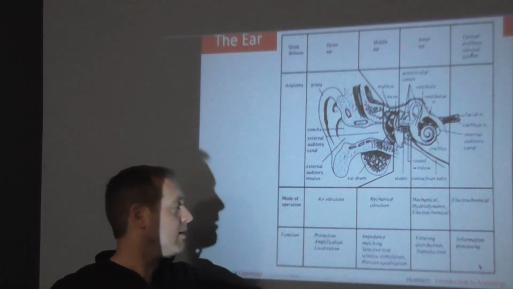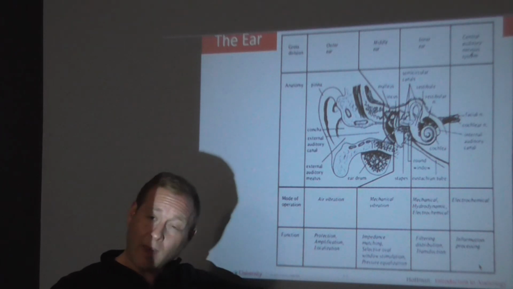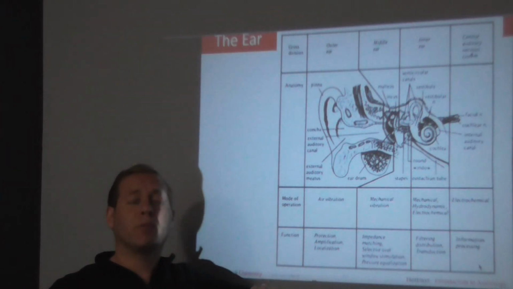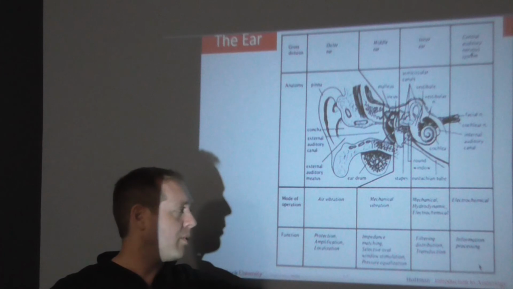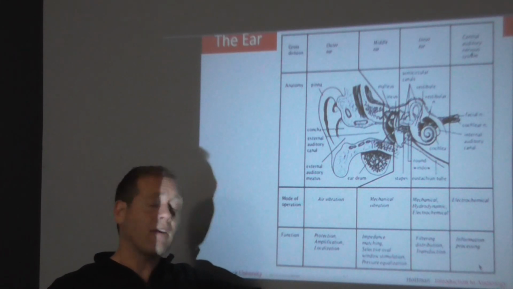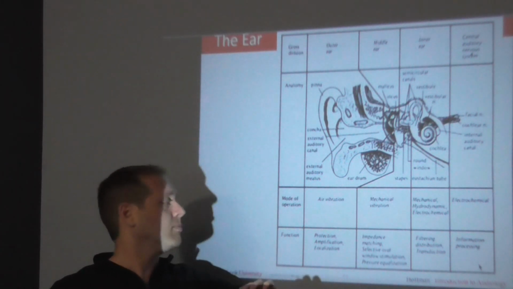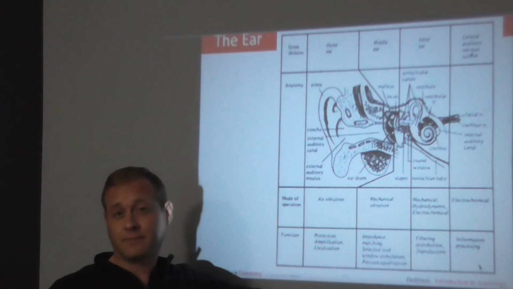And the outer ear also helps in amplification of sound, but will protect as well and allow us localization. So those are the functions of the external, middle, and inner ears.